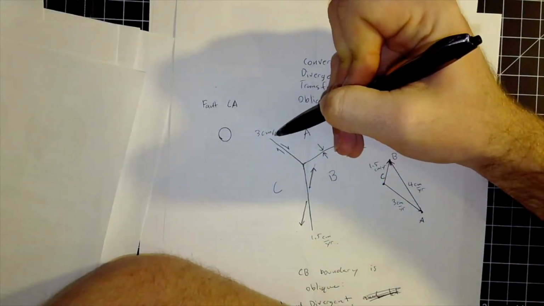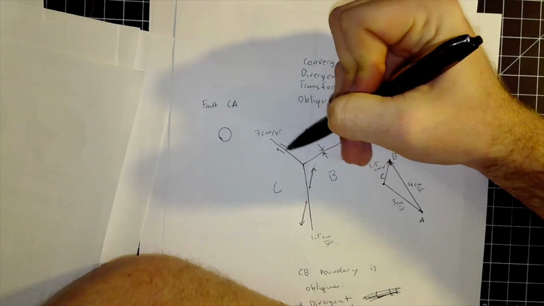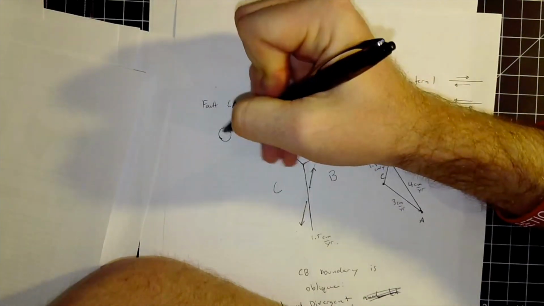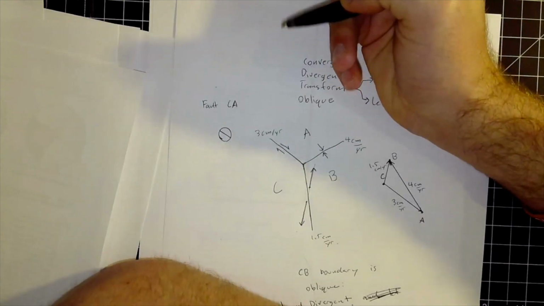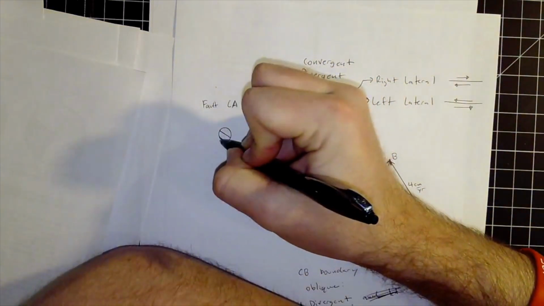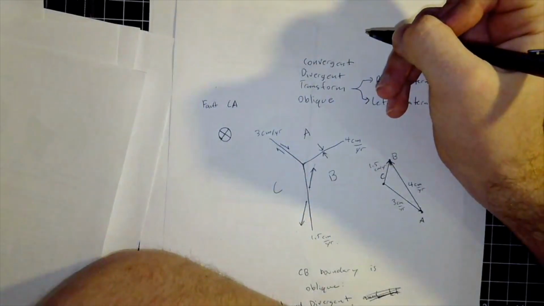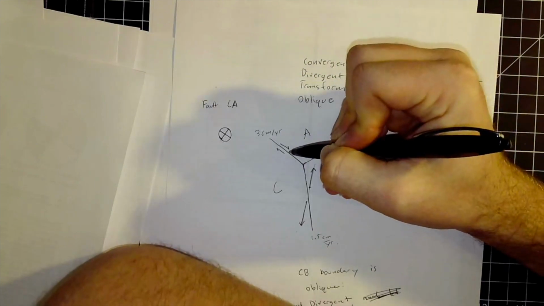You can see that one of our nodal planes is going to have this orientation, and it's going to be the fault. So just sort of copying that orientation over like that. And then perpendicular to that will be our auxiliary plane, the non-fault nodal plane. And now we just got to fill in the dark and light.